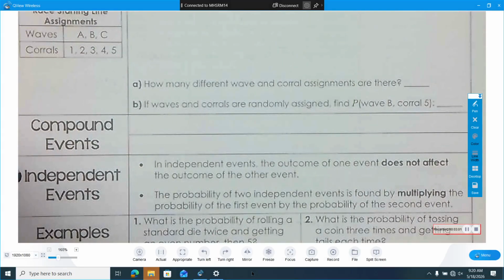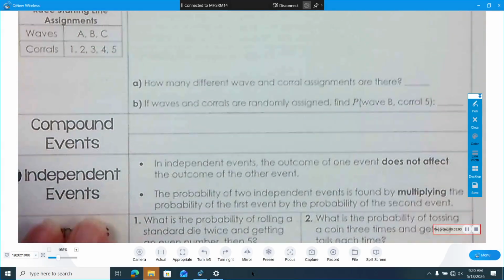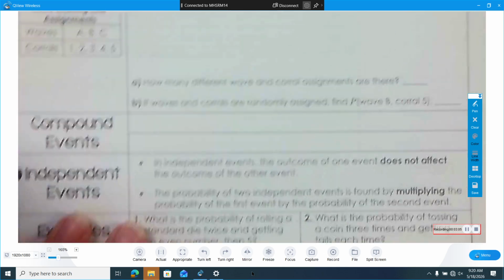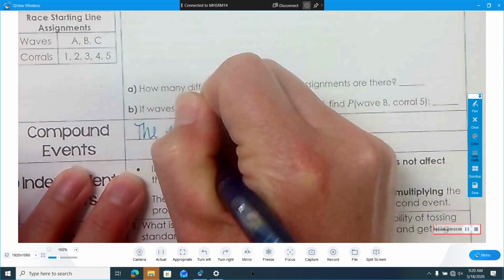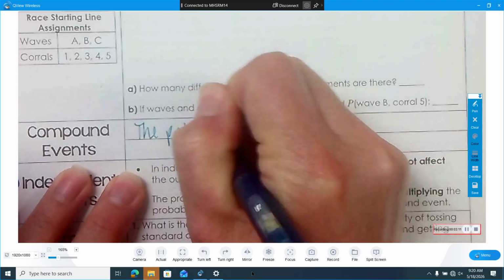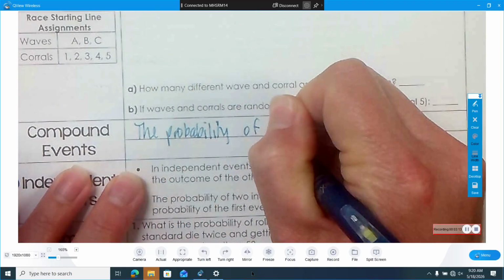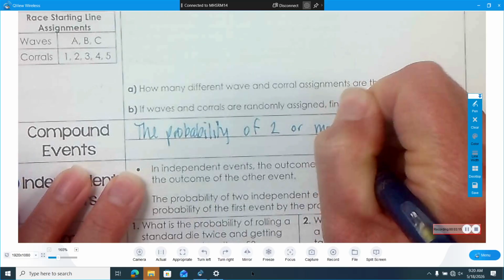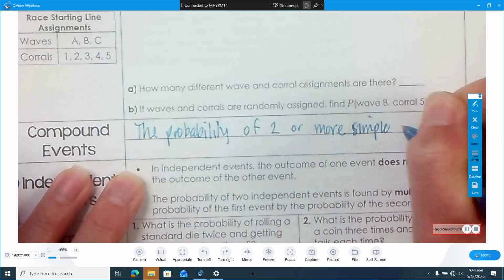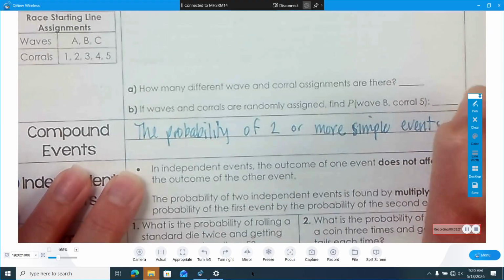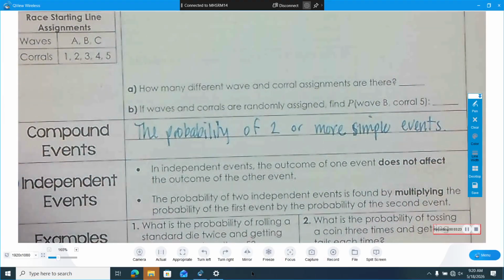Okay, so here we go. Compound events are the probability of 2 or more simple events, like what I just did. 2 or more simple events happening.